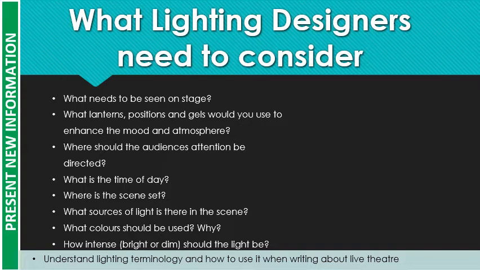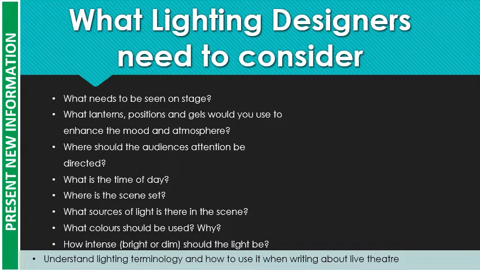Anytime I talk about a lantern, it means light. So any light in the theatre, like on the ceiling of my classroom, we would call those lanterns. The position is the position that I put those lanterns in on the rig. And the gel, we've already spoken about, is the see-through piece of film that's usually coloured.